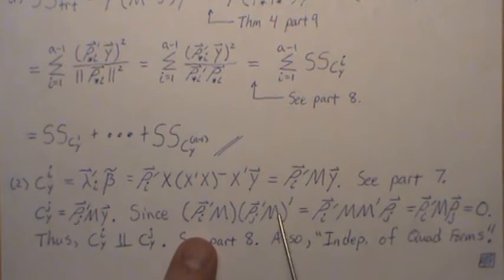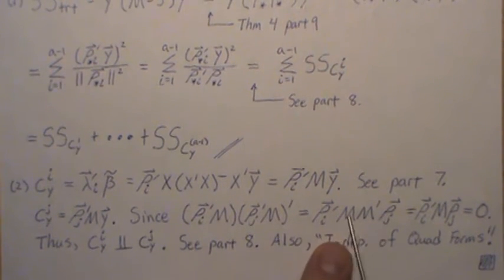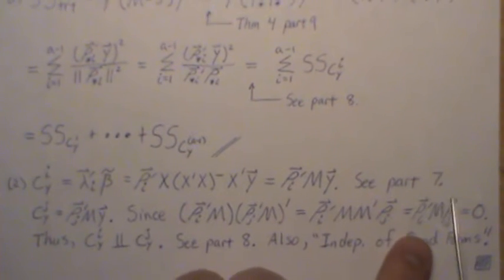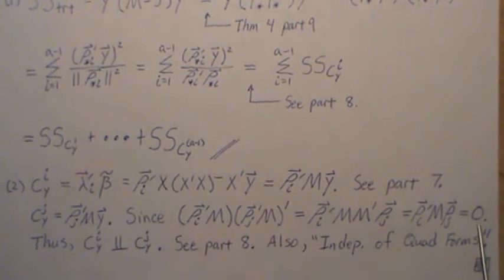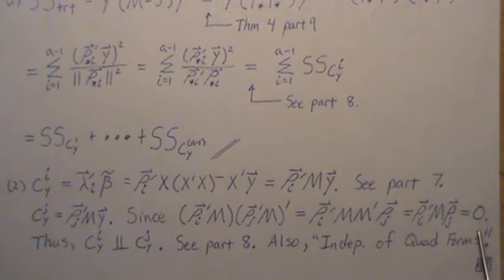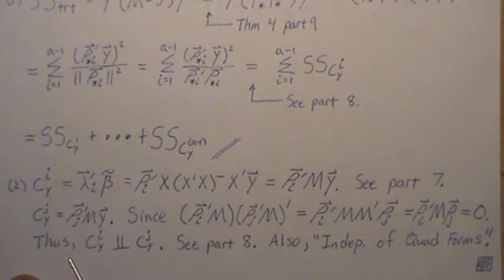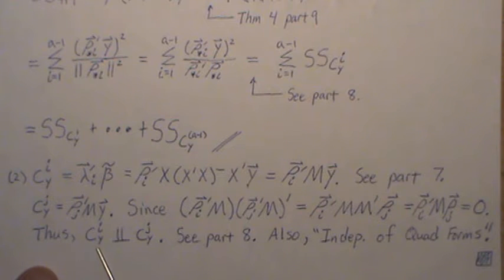And then this transposes this, but this is M. But because they're orthogonal contrasts, this is 0. And we proved that in parts 8 and 9. So thus these least squares estimates of our contrasts are independent. Also, see part 8. Also, I have a video called Independence of Quadratic Forms that kind of helps explain some of this if needed.